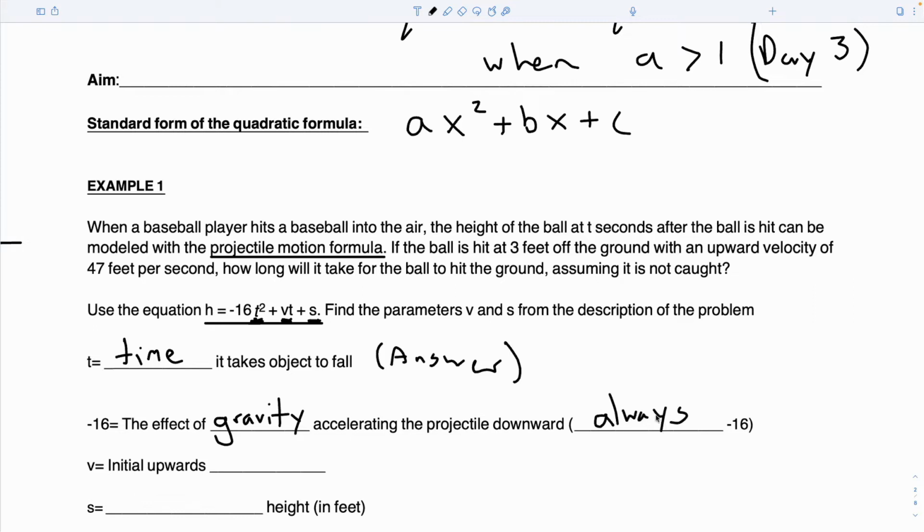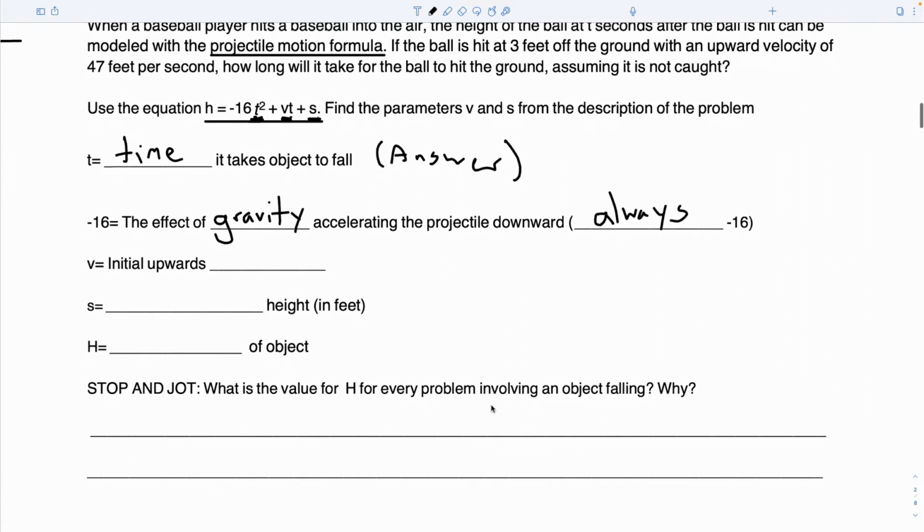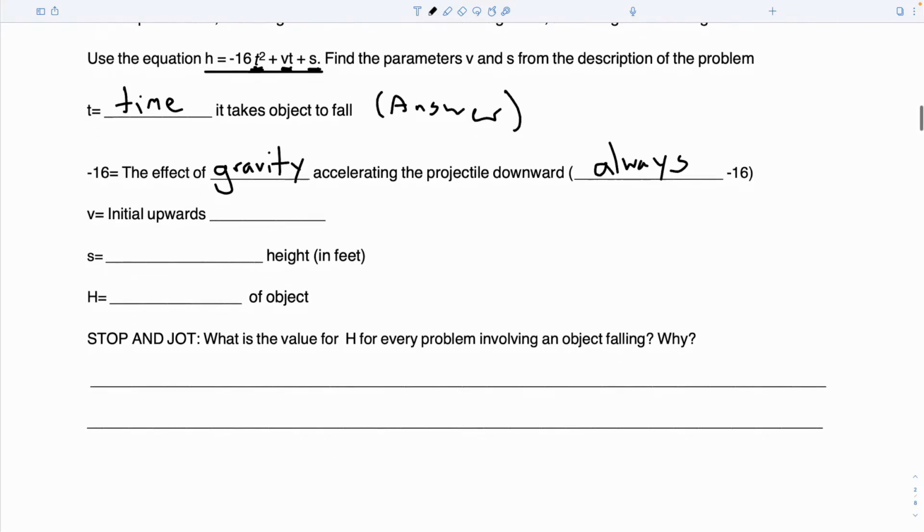Why are you doing this problem? Because NU wants you to know, or to see if you know, how to connect a real-world application. v is the initial upwards velocity. It's just what the negative 16 stands for.